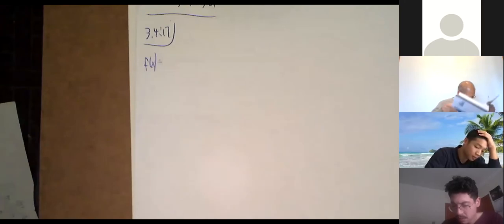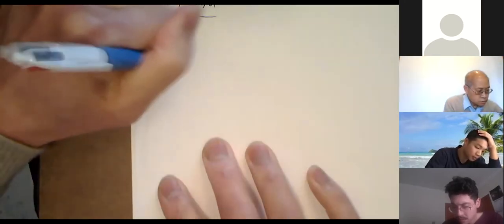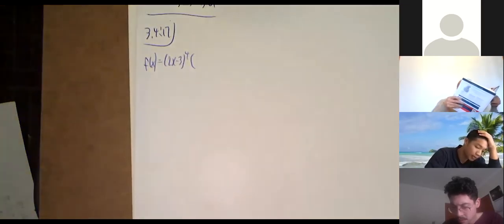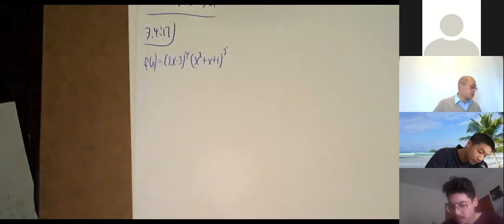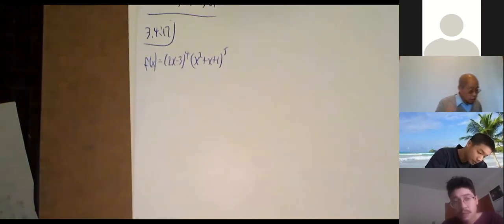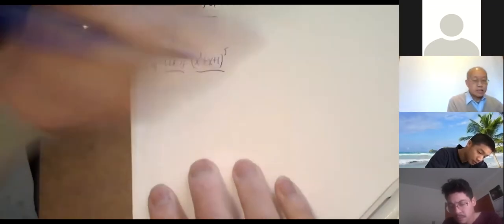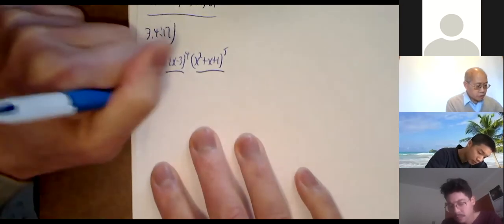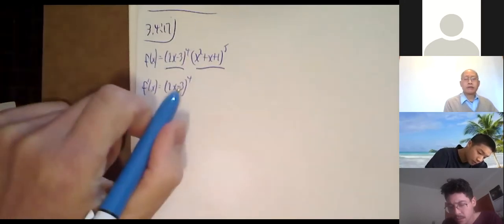f of x is equal to (2x minus 3) to the 4th times (x squared plus x plus 1) to the 5th. Okay, so this is a product rule and a chain rule. First function, second function. So f prime is first function times the derivative of the second.